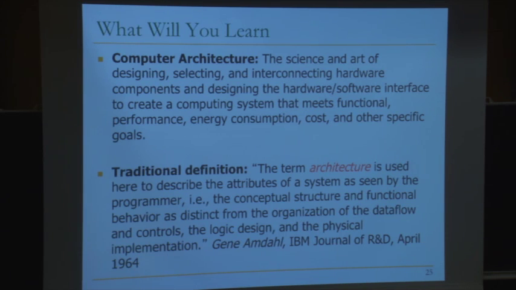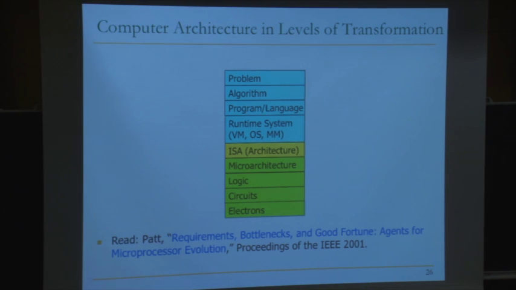So it's really what the programmer needs to know about the hardware, which is the interface. What is below that, the implementation, is the microarchitecture. That's the traditional definition. But we will cover everything. We will not be sticking to the traditional definition.